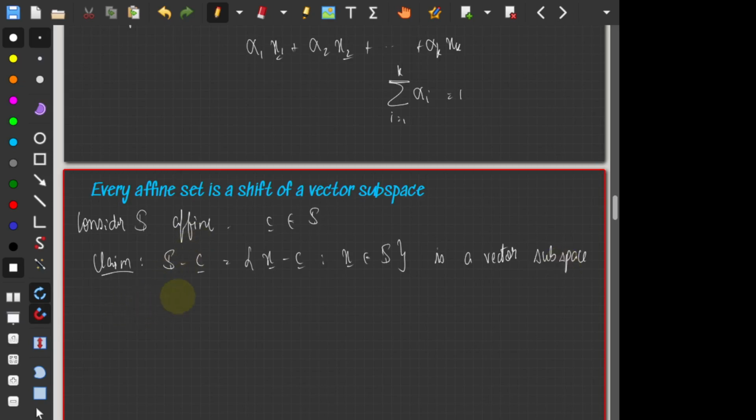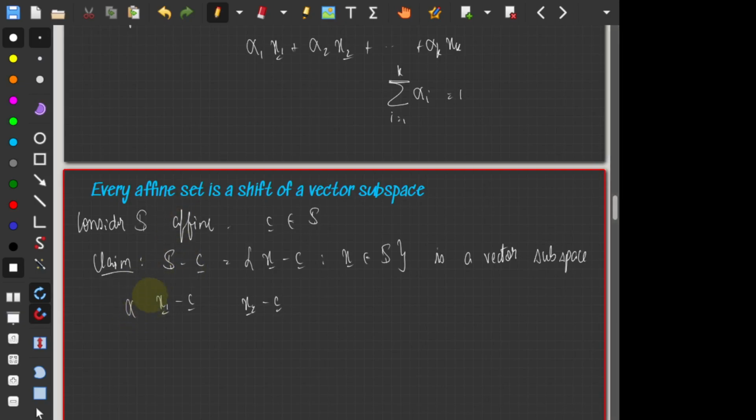So what I want to show is that if I take any two points, every point can be written as x1 minus c and x2 minus c, where x1 and x2 belong to S. So x1 minus c and x2 minus c belong to the set S minus c. And I want to show that any linear combination of these two points, not necessarily affine, should also belong to the set S minus c.